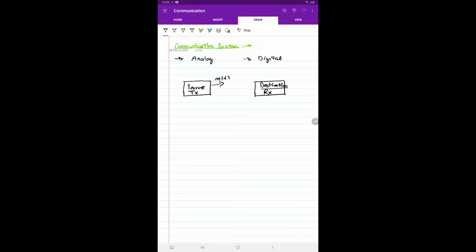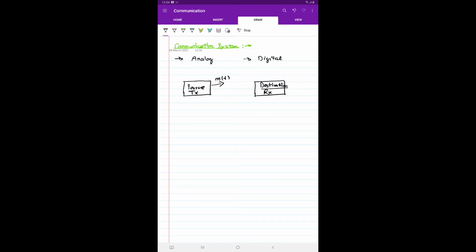So before sending the message from source to destinations, there is a lot of process involved, and we will explain this one by one.